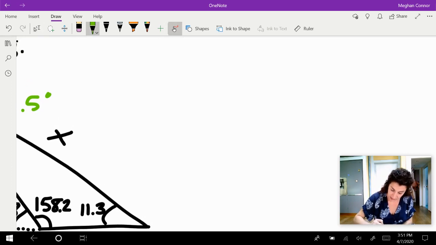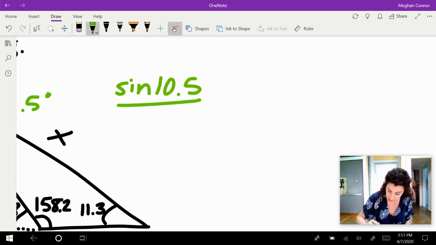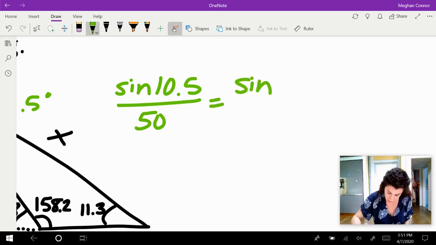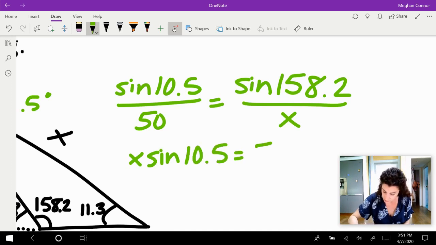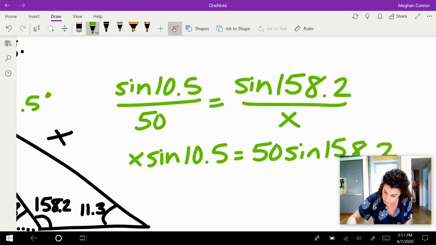I am going to now do my law of sines. Sine of the angle, which is 10.5, divided by its opposite side, which is 50, equals sine of the other angle, which is 158.2, divided by its opposite side, x. Cross multiply and divide, I get x times sine of 10.5 equals 50 times sine of 158.2.